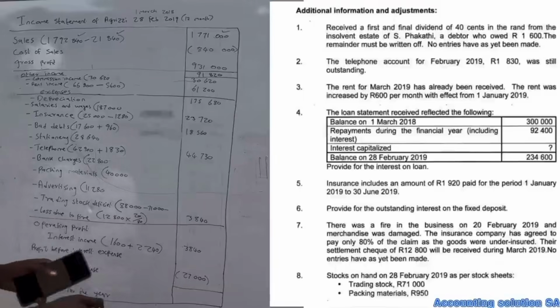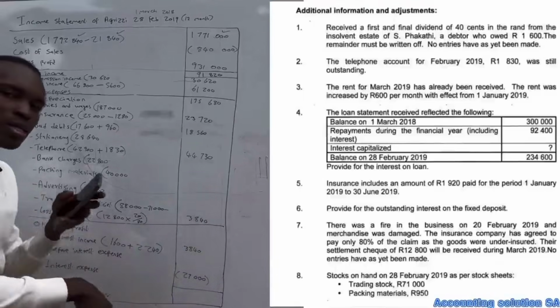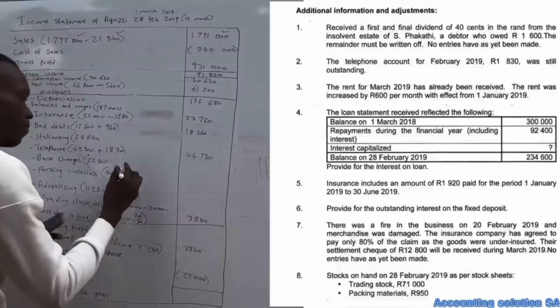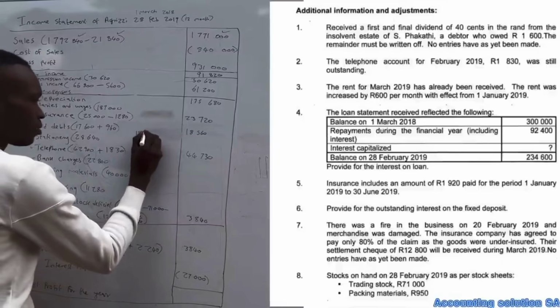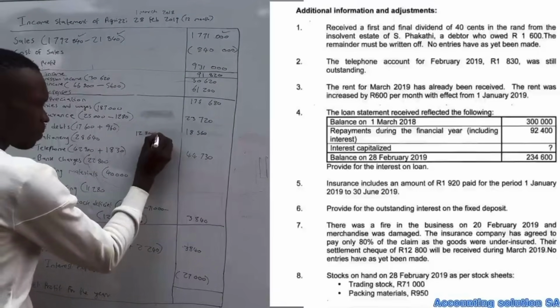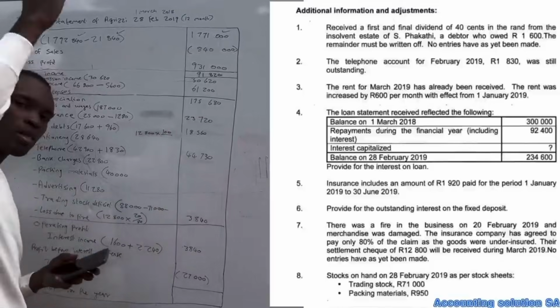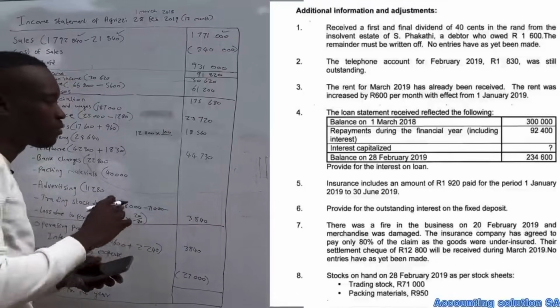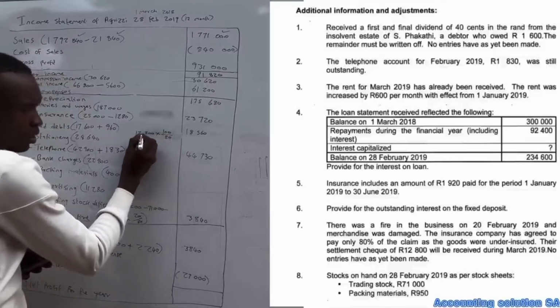A total loss, so guys, it's not 12,800 and it's not this one. It's the total loss that was incurred. Okay, this is how we're going to calculate it. A total loss is 100%. 12,800 multiplied by, we are looking for 100% total loss, what they paid and the damage that we are left with, over what we have, which is 80%.